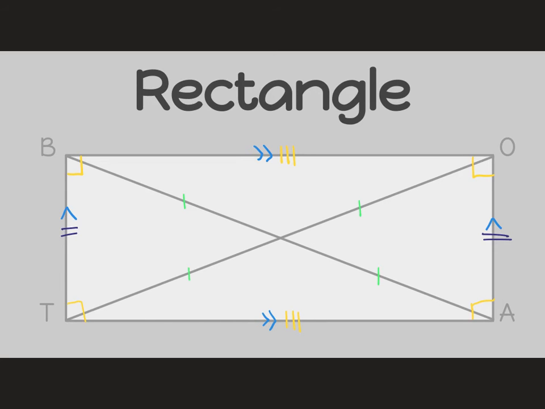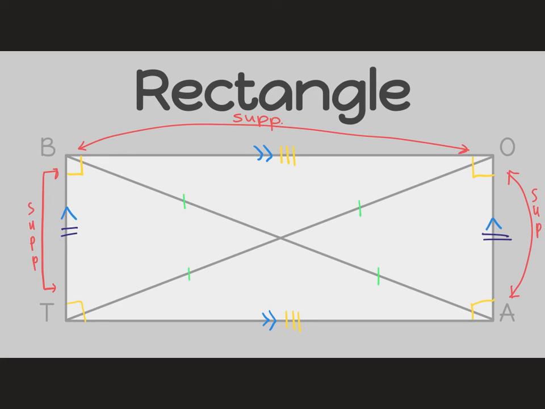Consecutive angles are technically still supplementary, even if it's not labeled. Opposite angles are also congruent.